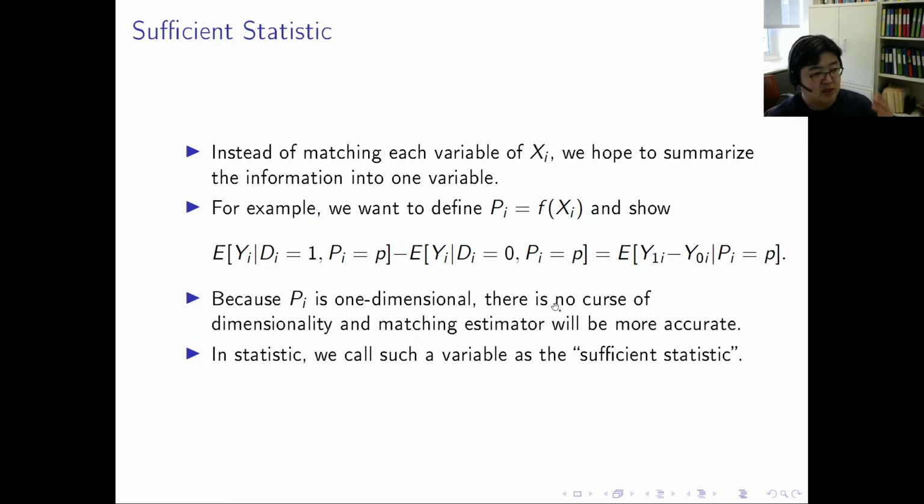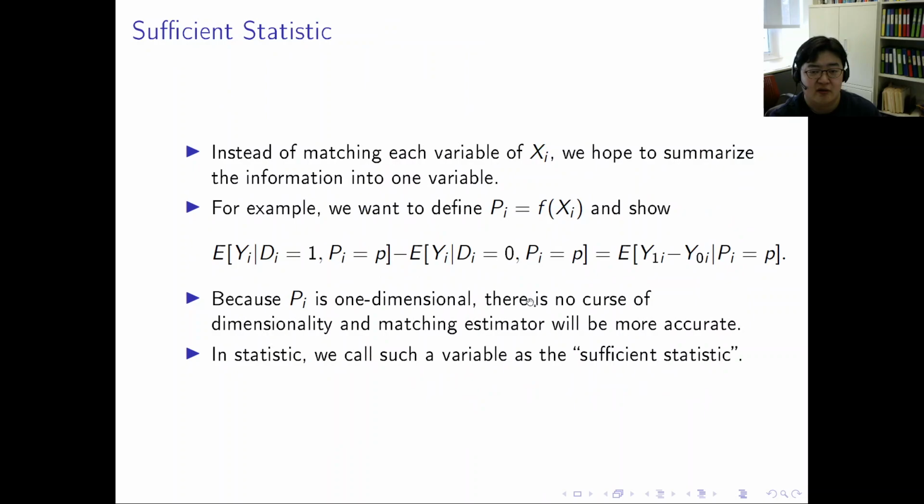It's just one dimension. So it's nice, and your estimator will be more accurate and statistically more significant. So that's what we want and what we are going to do, and it's called sufficient statistics in statistics. In statistics, and in here there is no s. This is correct. This is wrong.